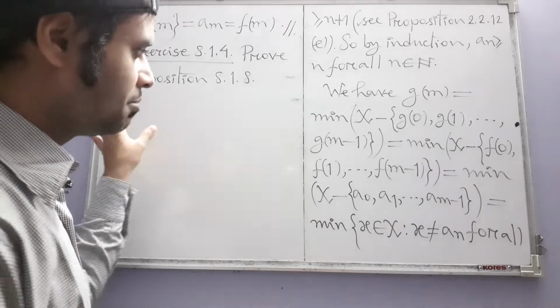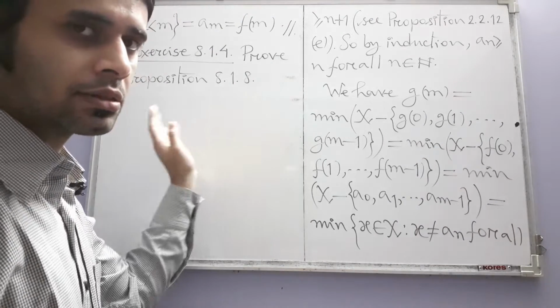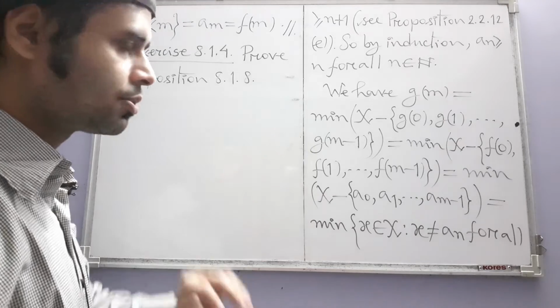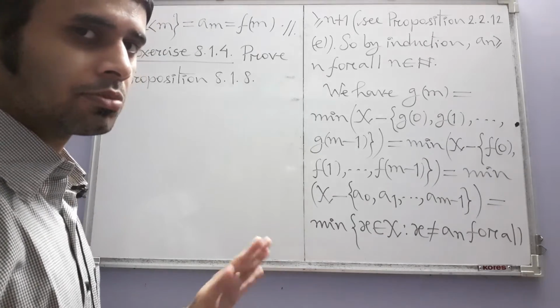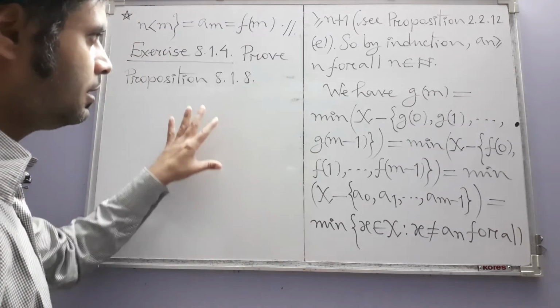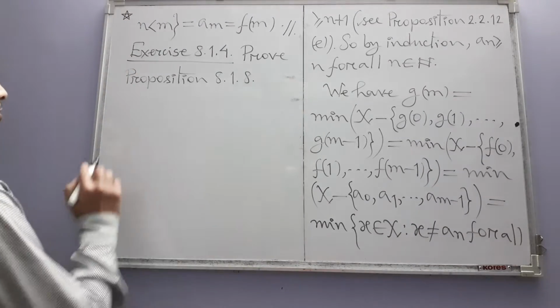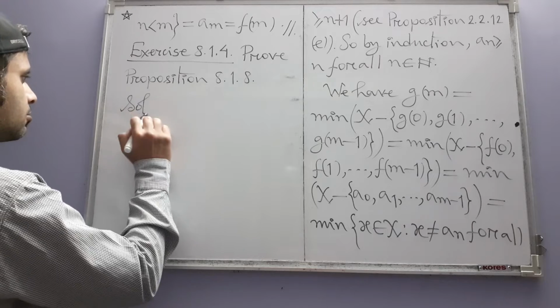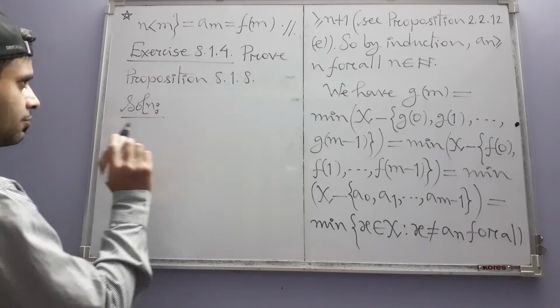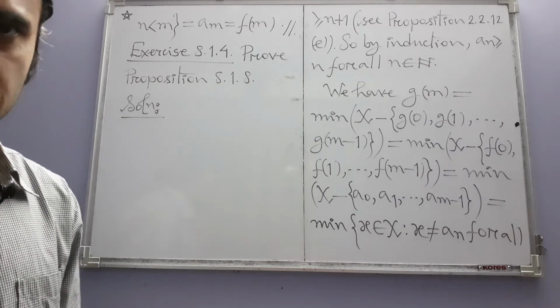I don't know why. Maybe the author wanted to mean something, but there are some typographical mistakes, some obvious mistakes are there, and anyway we are not going to follow those hints in the solution. So let's just see what the solution is, and we need to of course recall the statement also.